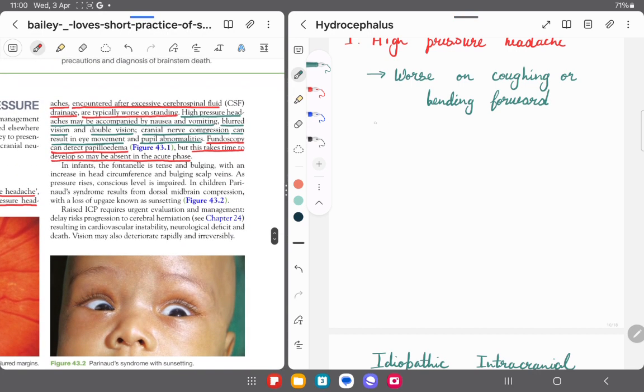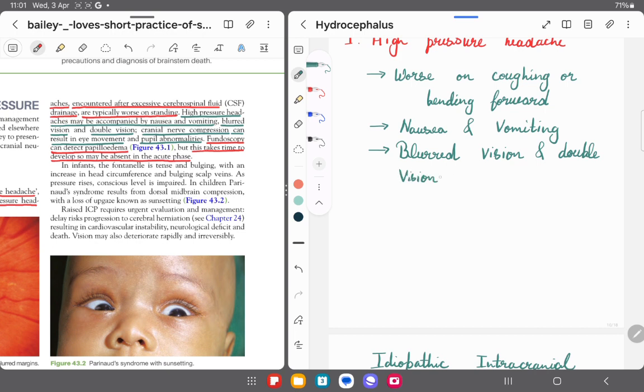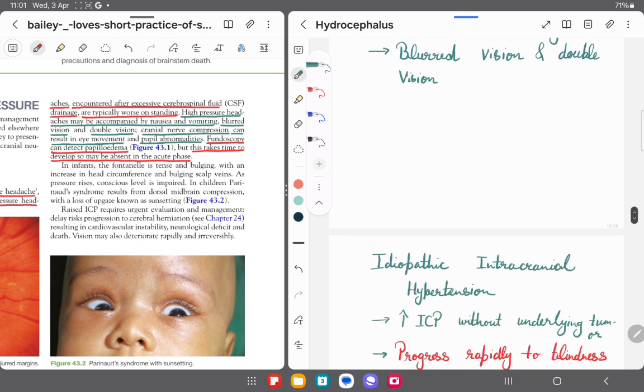Associated symptoms in high pressure headache are nausea and vomiting, blurred vision and double vision. Cranial nerve compression can result in eye movement and pupil abnormalities.